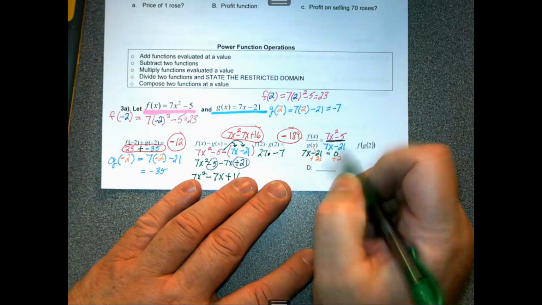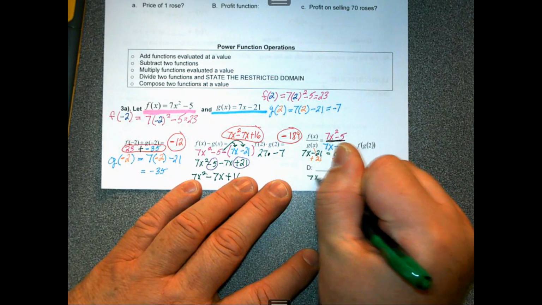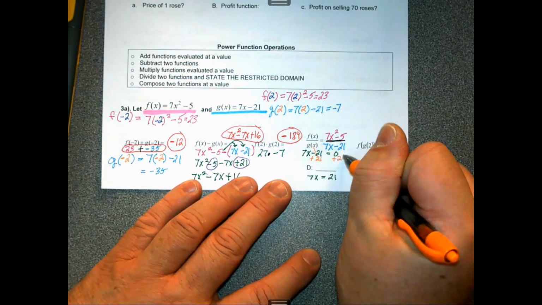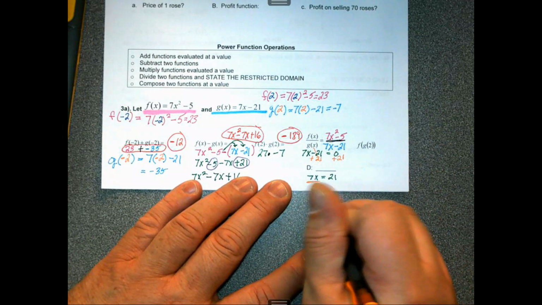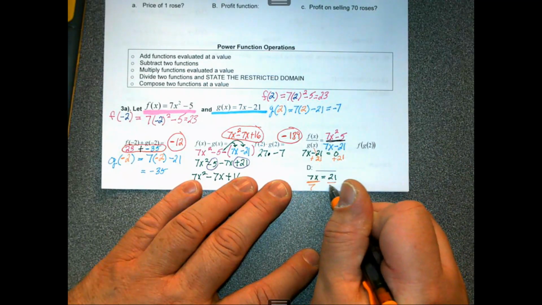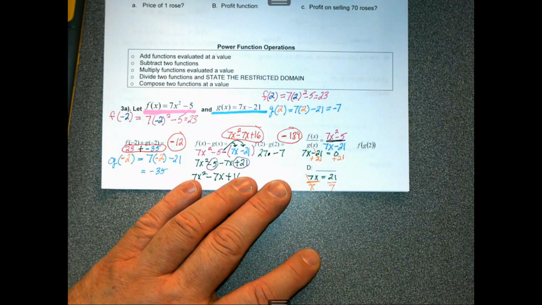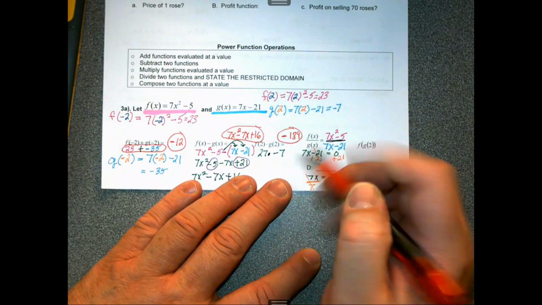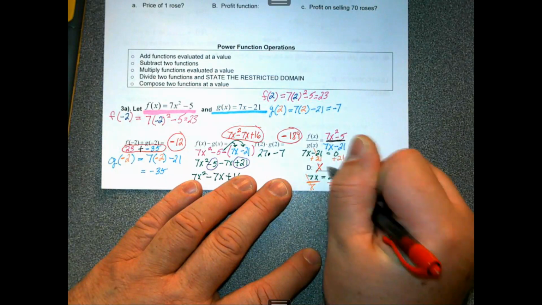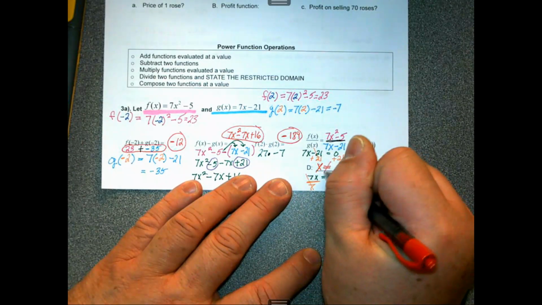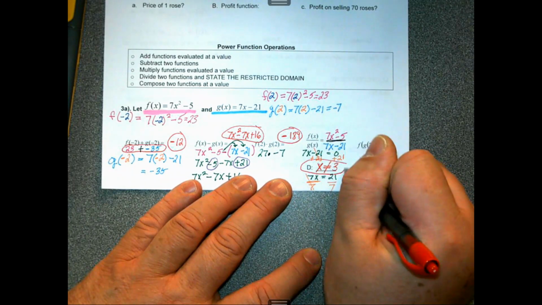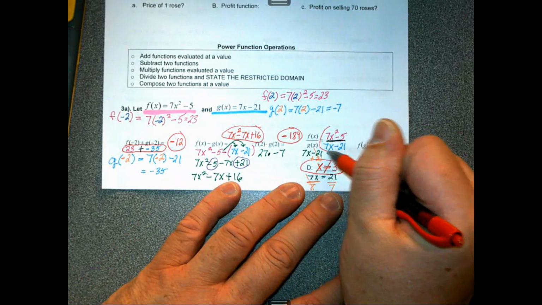So I have 7x equals 21. Then we're going to divide by the 7. So what can x not equal? 3. x cannot equal 3. So we have two answers to this question.